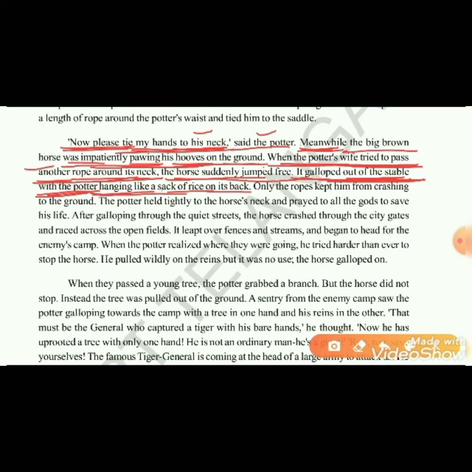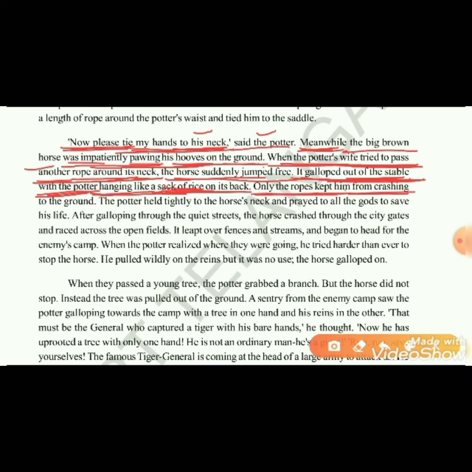After galloping through the quiet streets, the horse crashed through the city gates and raced across the open fields. So it crossed all the houses, it crossed the palace, and it crossed the city gates, and now it was out of the city and into the fields. It was not simply moving, it was racing at almost 200 miles per hour.